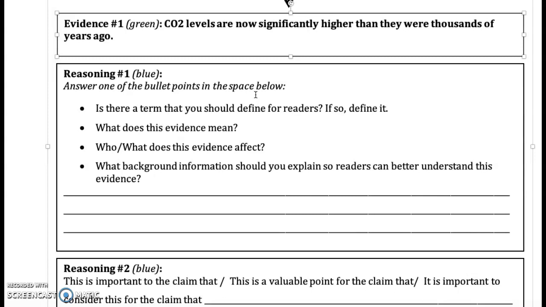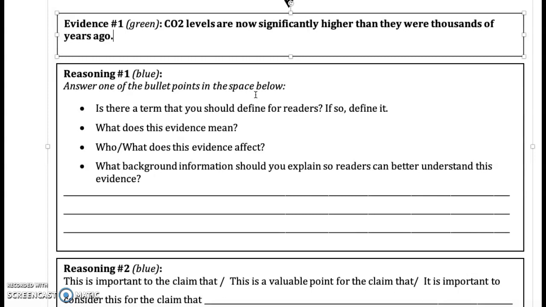Is there a term that you should define for readers? If so, define it. If there's something in there that you can define to support your evidence, I think that's a good place to start. Maybe looking at what does the evidence mean? Who or what does the evidence affect? Or what background information should you explain so readers can better understand this evidence?